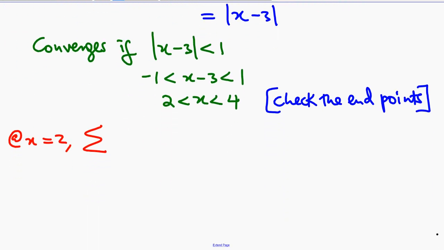So this will be an alternating series, which converges by the alternating series test.